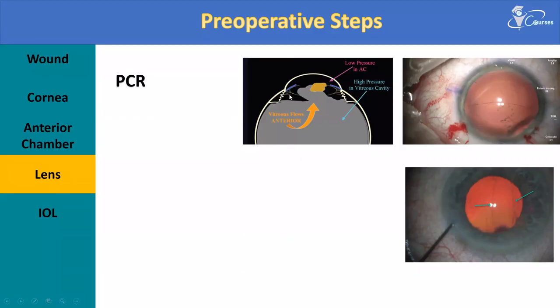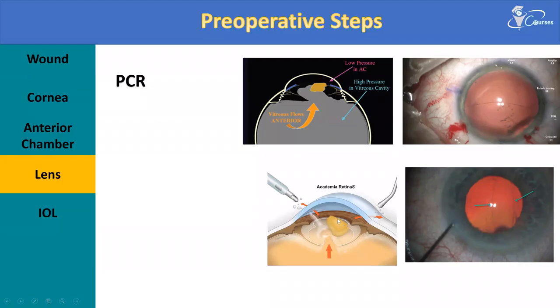The other problem with the PCR is that things from above can sink down. We have the vitreous coming from down to above, and a nucleus fragment can sink from above to down. So a nucleus fragment can drop into the vitreous, resulting in vitritis, inflammation, and also a high incidence of retinal detachment.